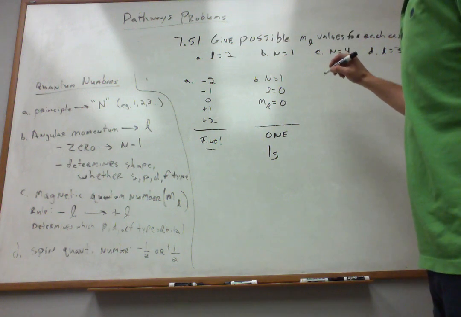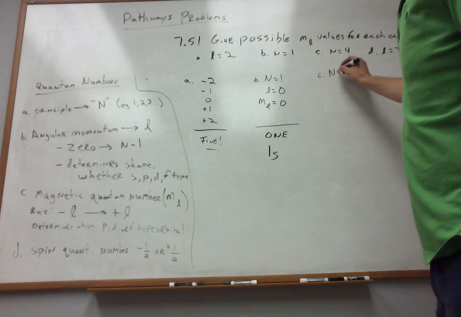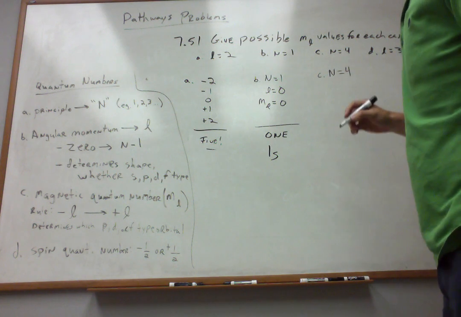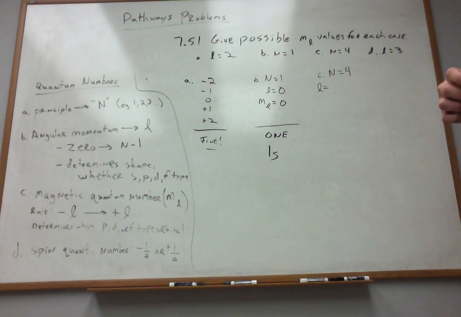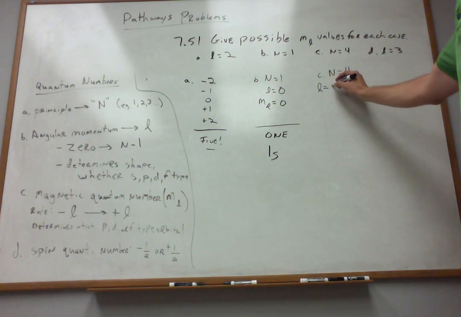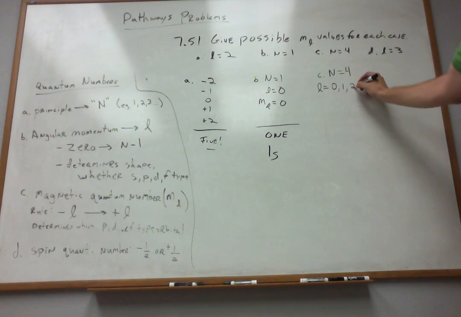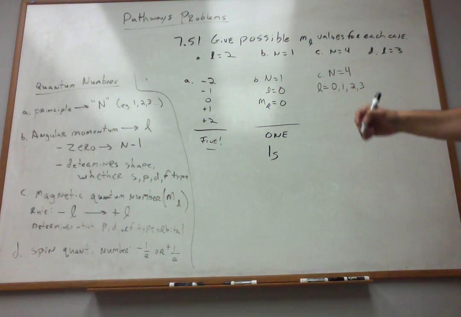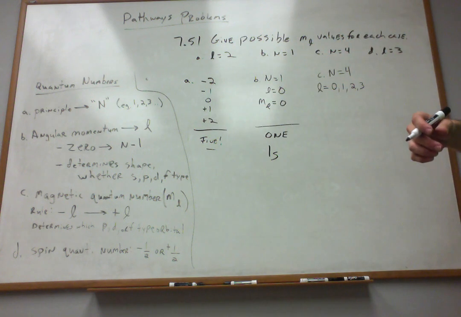All right, now C. Oh, this one's going to be more fun because here n is equal to 4. So if n is equal to 4, this opens up more possibilities for L. Because remember, L can proceed from 0 using integers all the way up to n minus 1. n is 4, so 3 is a possibility. 0, 1, 2, 3 are my possible L's.